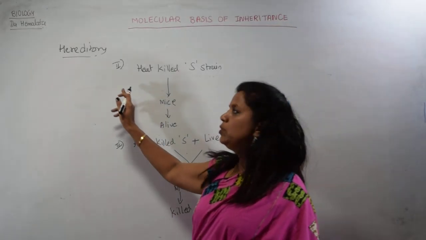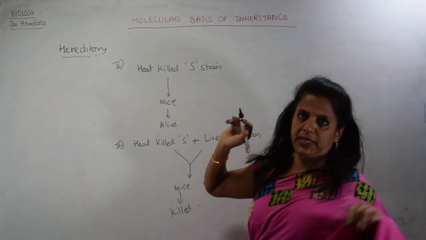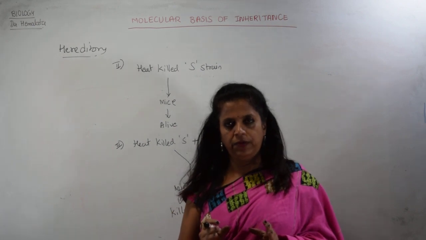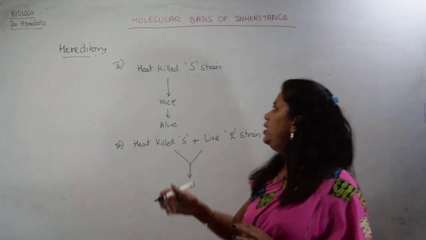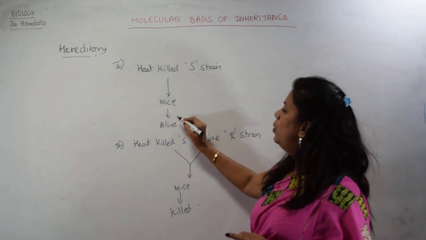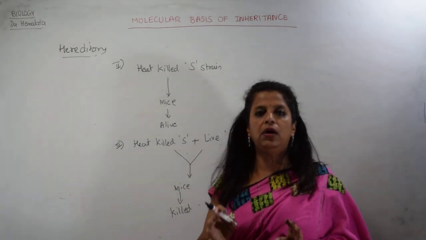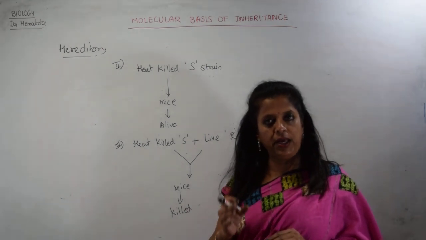So in the second experiment, he took heat killed S strain bacteria. It means the S strain bacteria, which he made inactive by heat killing it, and when it was injected into the mouse, what happened? The mice were alive, they did not develop pneumonia. It caused pneumonia when the S strain was alive.